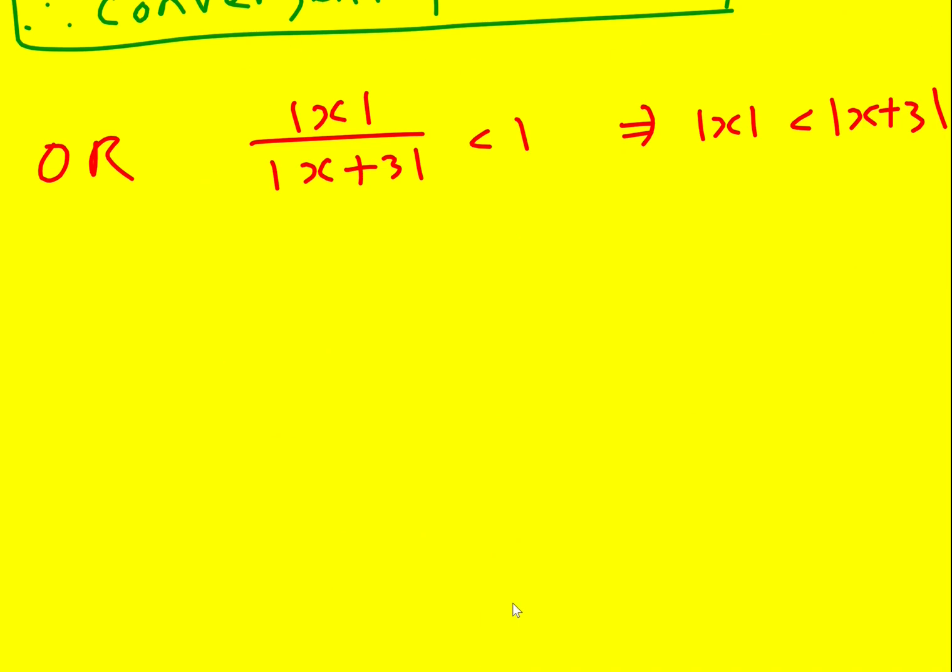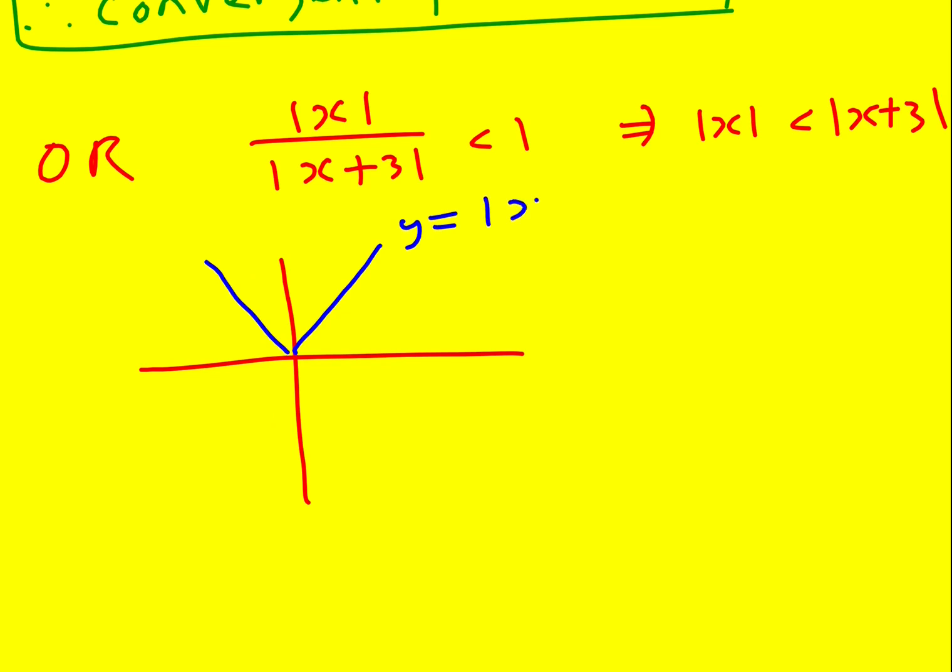And then you could draw a graph. So you could draw y equals the modulus of x, which is y equals x here and y equals -x here. And then y equals the modulus of x + 3 is just essentially a translation by -3.